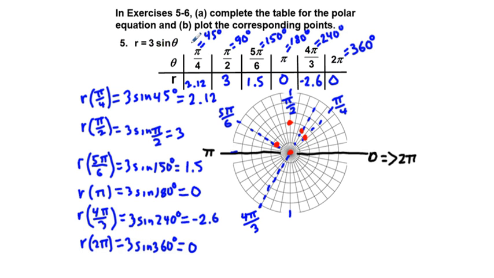So I don't know how easy it is for you to see or notice, but this is going to be the graph of a circle, which I'm sketching in like purple here.